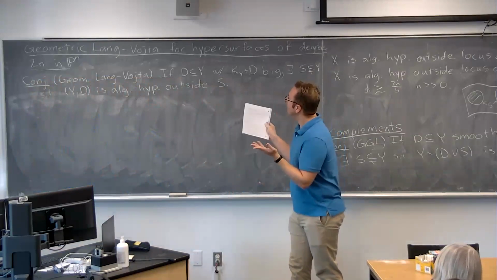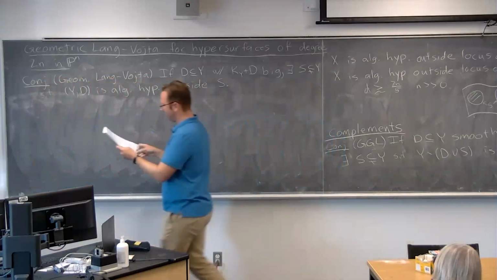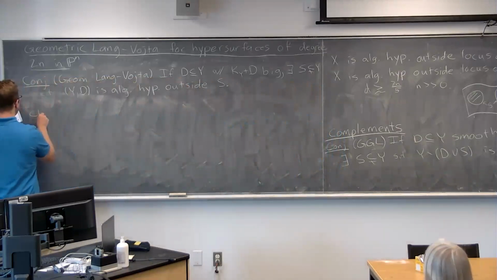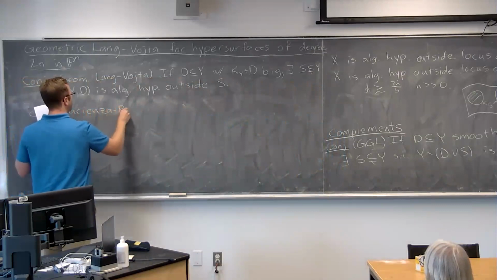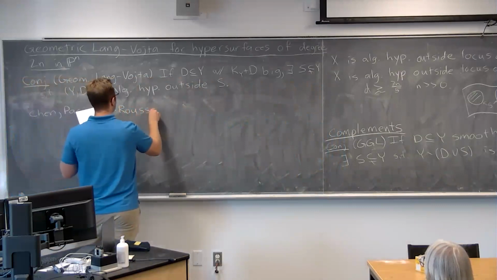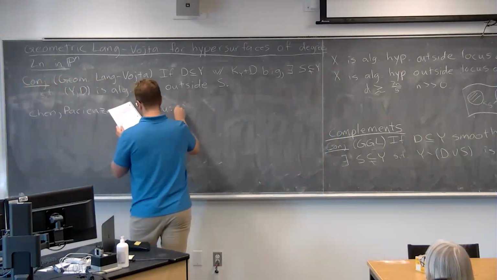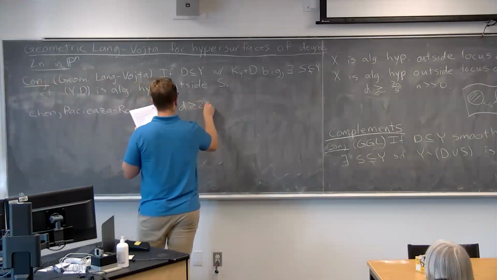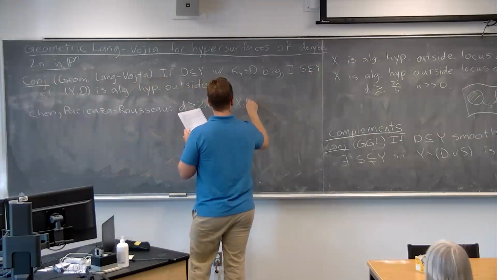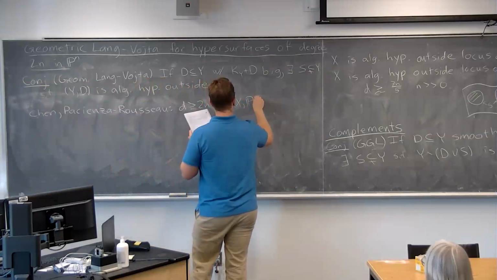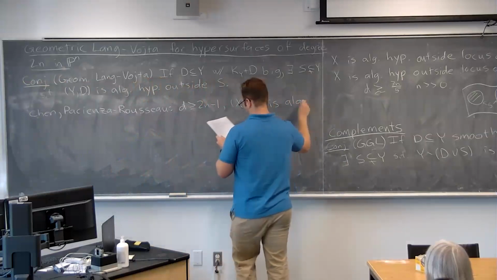And then for hypersurfaces, we have Chen, and then using a different technique, Pacienza and Rousseau both proved that for d at least n-1, P^n minus X is algebraically hyperbolic.